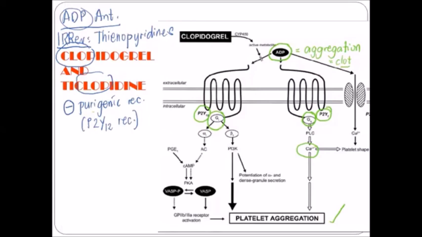inhibitory receptor siya. Ang effect ng GI-linked receptor, pag in-activate siya ng ADP, na i-inhibit niya ang enzyme na adenylyl cyclase. Kaya meron ditong broken arrow na papunta sa AC, kasi ang broken arrow, it signifies inhibition.